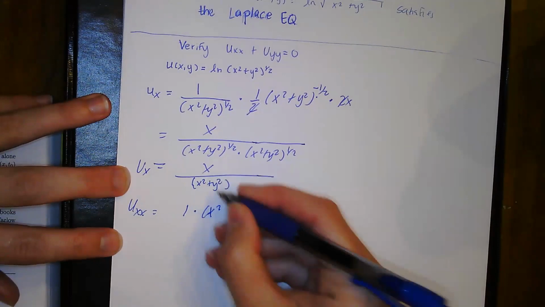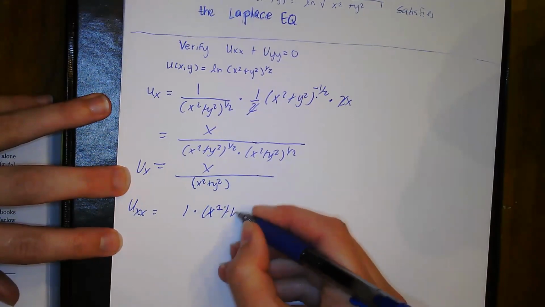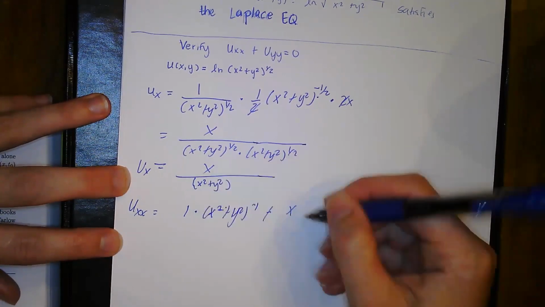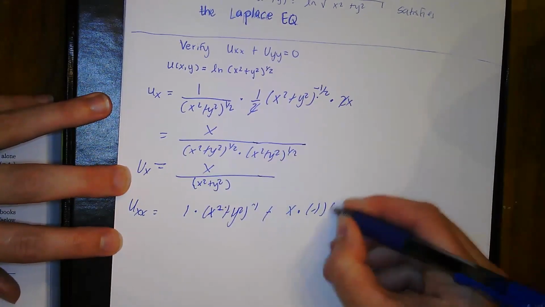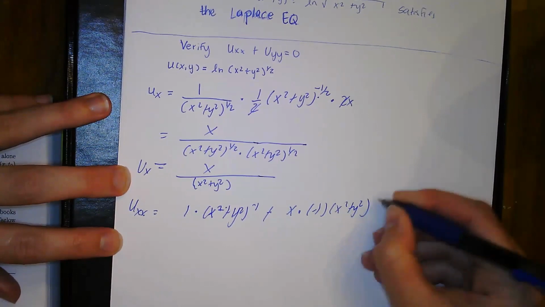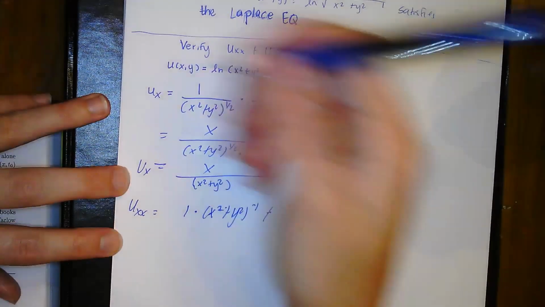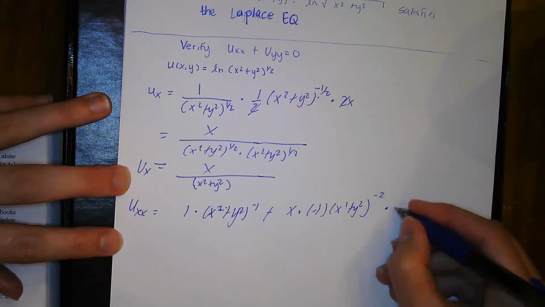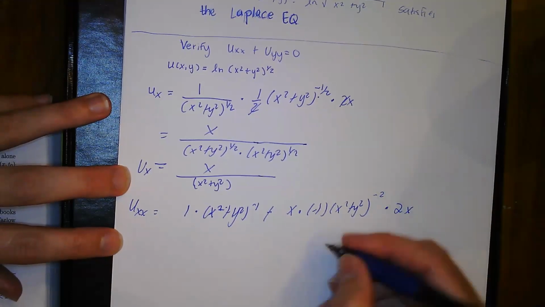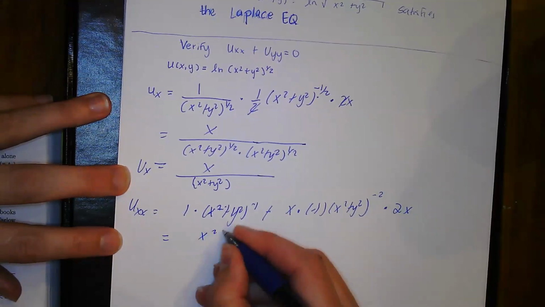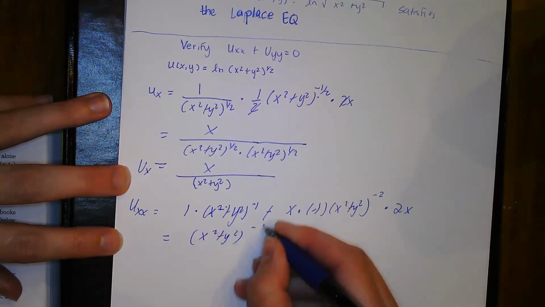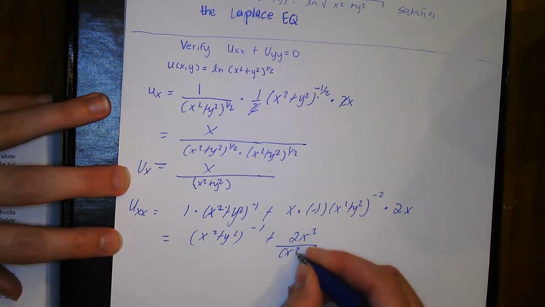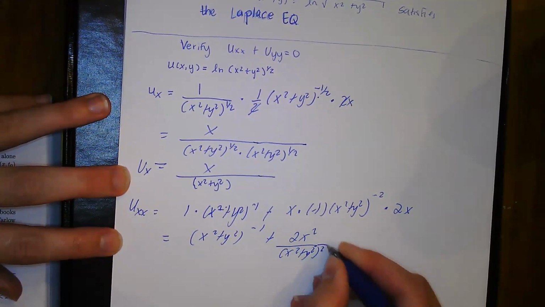So f prime g, so x squared plus y squared to the -1, plus f g prime, which is then times -1 x squared plus y squared, and then that's -1. You bring that in the front, then it's -2 times the derivative of the inside with respect to x, which is 2x. So then we end up with x squared plus y squared to the -1 plus 2x squared over x squared plus y squared squared.